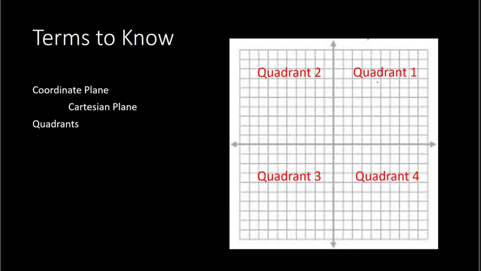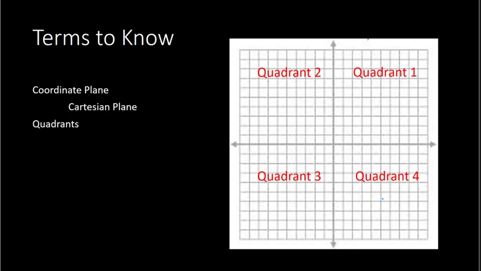So the top right corner is called quadrant 1, top left is quadrant 2, bottom left is quadrant 3, and bottom right is quadrant 4. Do be aware that quadrant 1 does start in the top right, not in the top left like many people think. So it starts here in the top right, and then it works counterclockwise to get the other quadrant numbers.